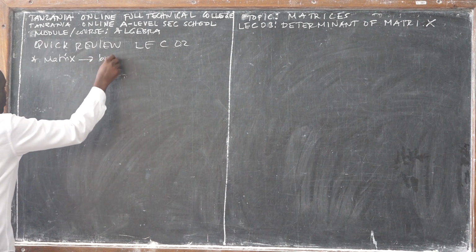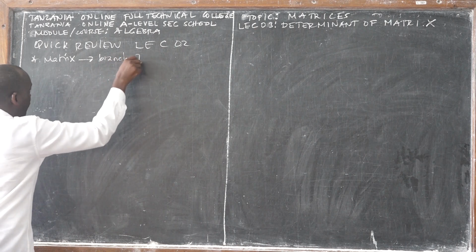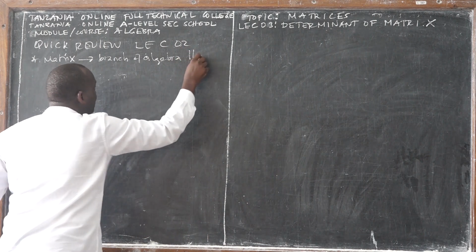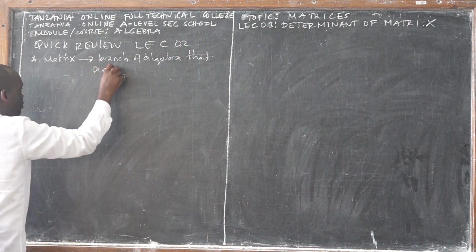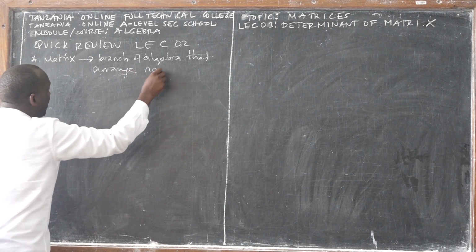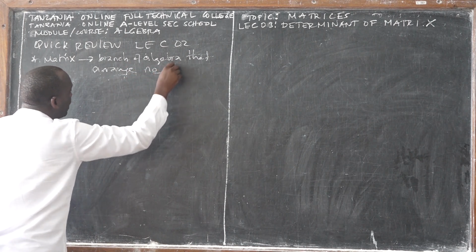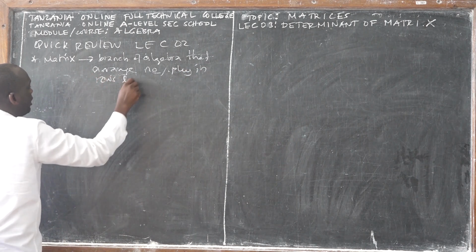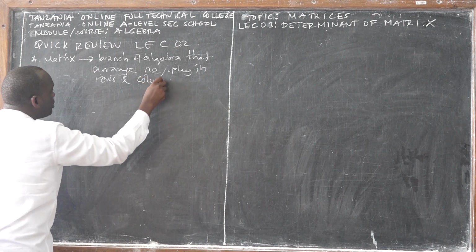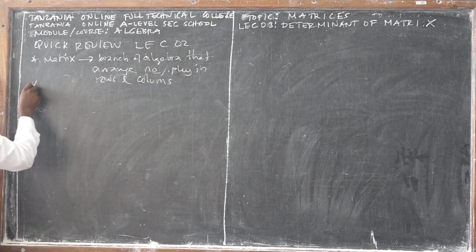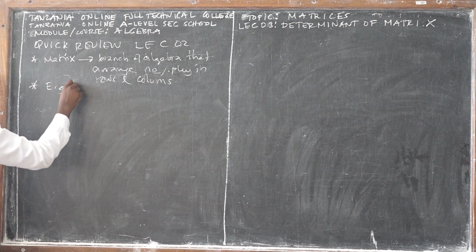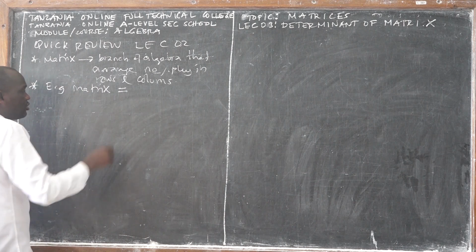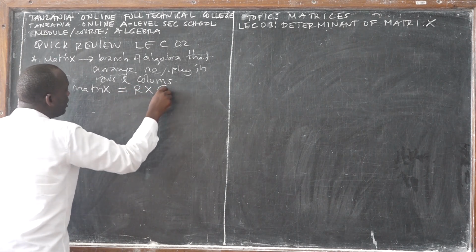Simply, we can say a matrix is a branch of algebra that arranges numbers or other physical objects in rows and columns. Then we discussed examples of matrices, and we said the dimensions of any matrix are represented as rows multiplied by columns.